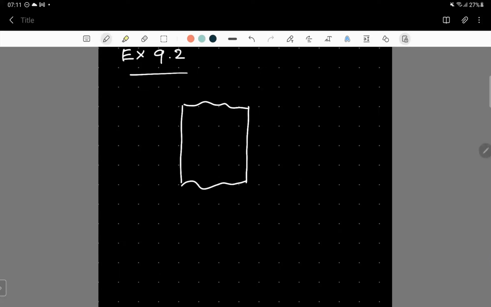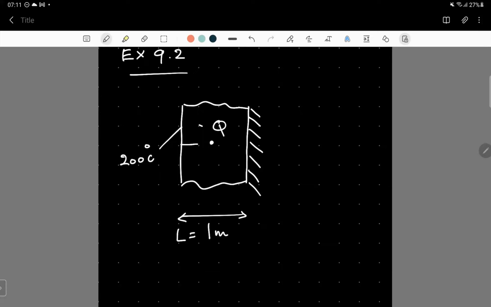A wall where one end is insulated and the other surface is exposed to 200 Celsius degrees. The thickness of this wall is 1 meter. Let's assume a point heat source within the body. This is a one-dimensional heat transfer problem, with x measured as the distance to the right hand side.